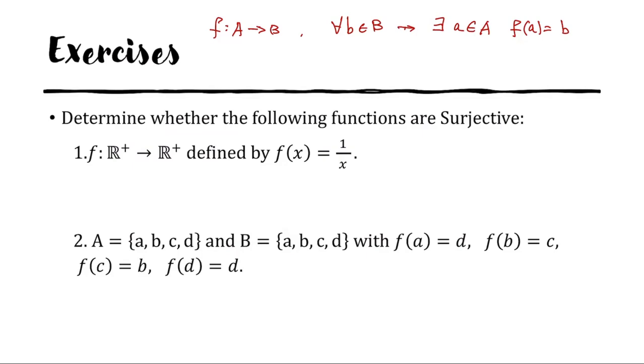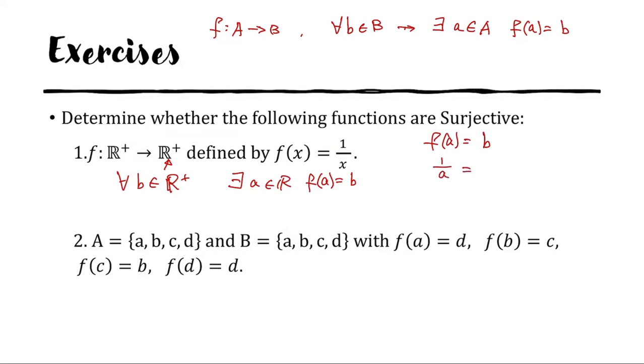So we want to show for all b in the output set, there exists a in the input set where f of a equals b. Now, if f of a equals b, what does b equal to? B will equal f of a, where f of a is just 1 over a.